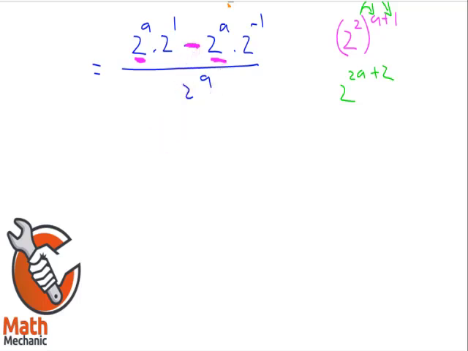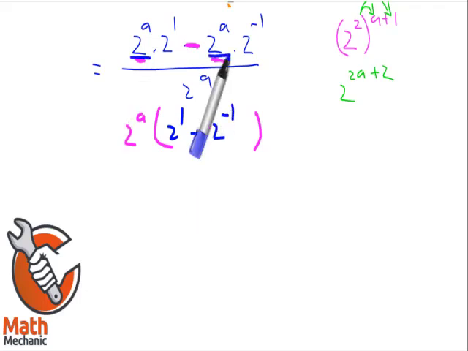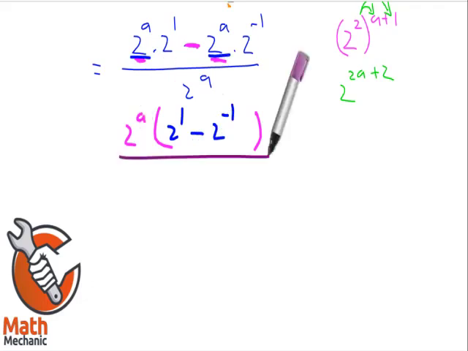There's a minus between two terms, either above or below the line, which immediately indicates that you must factorize. And we'll take out that 2 to the power of a as a common factor, which means what we will have left then is 2 to the power of 1 minus 2 to the power of minus 1. Remember, those two terms just basically go outside the bracket, and this whole thing is then divided by 2 to the power of a below the line.